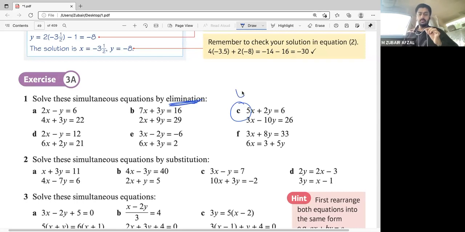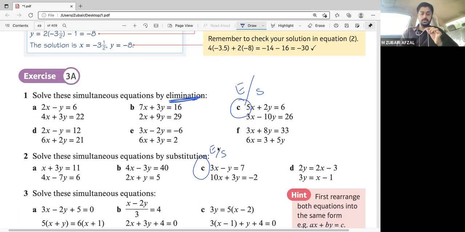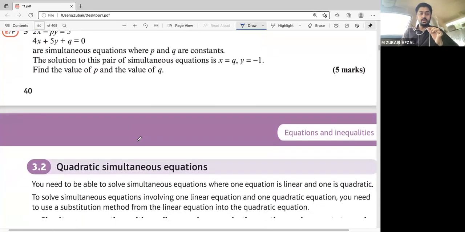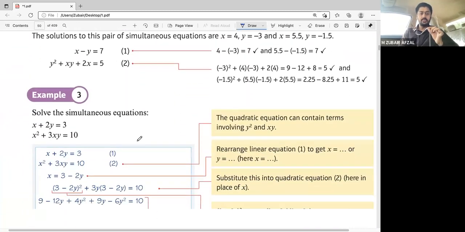I'll say solve it with elimination and substitution both and see if you get the same answers. And then choose another question from this and solve it with elimination and substitution and see if you get the same answers. So question 1, question 2, one practice. And then definitely go through these statements so you know what the shape of the question is, what the structure of the question is, how the examiner could remold and ask you.